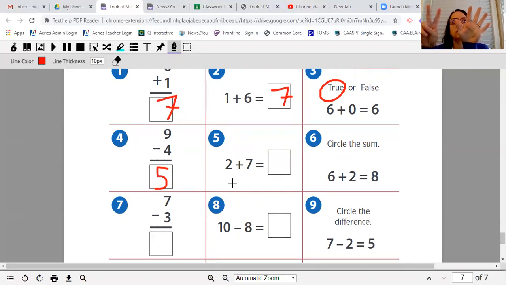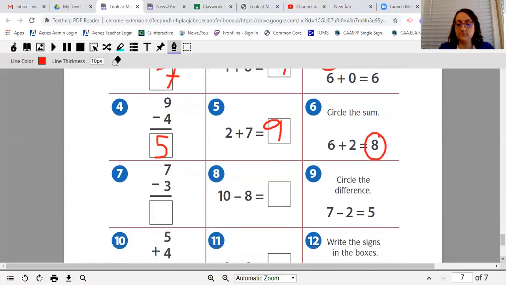No. 1, 2, 3, 4, 5, 6, 7. See, Miss Brady needs some help sometimes. So all together we have 1, 2, 3, 4, 5, 6, 7, 8, and 9. And guys, if you remember, it says circle the sum, and the sum is going to be our total. So 6 plus 2 will equal 8.